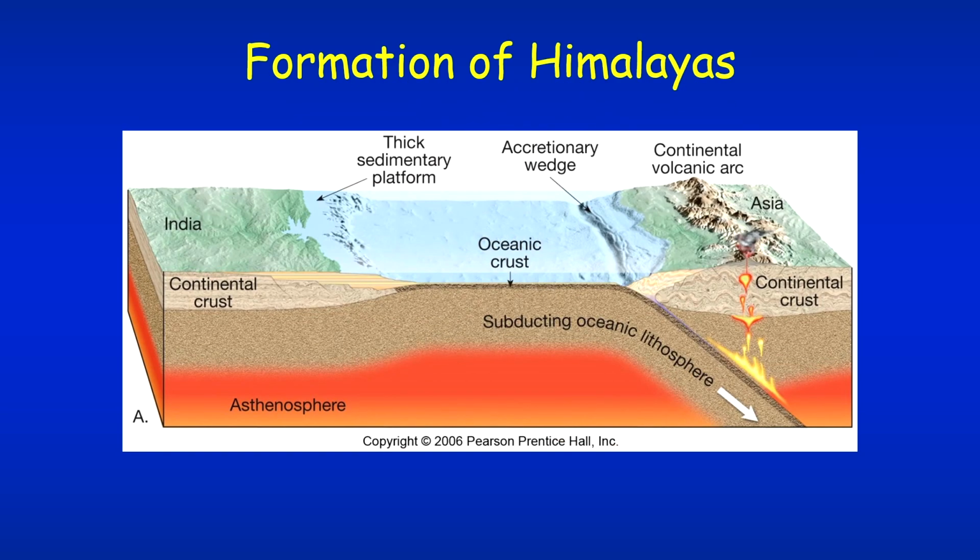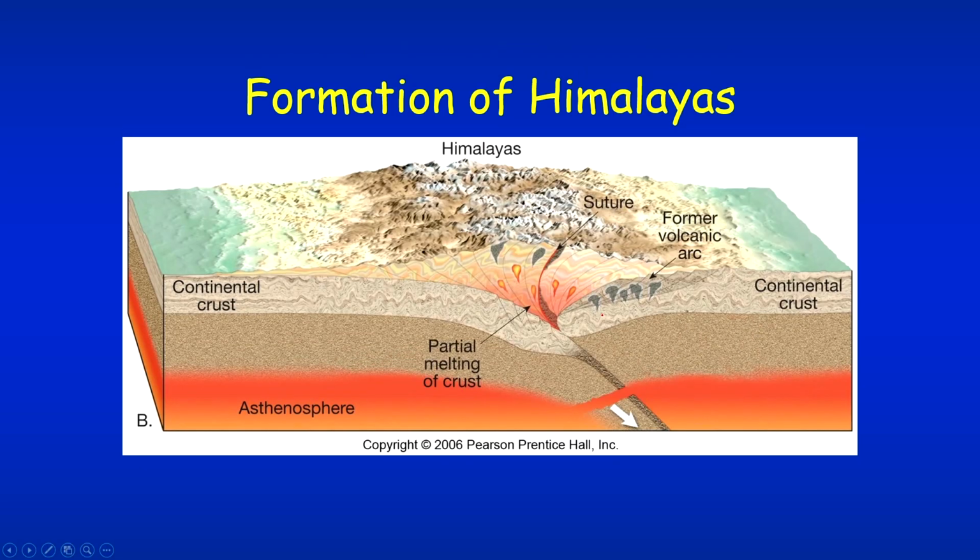So if you look at this part here, we had an oceanic crust which subducted below, and there was a development of wedges, and that is what we call the accretionary prism. Okay. So this deformation started over here, and then finally we have the formation of Himalayas.